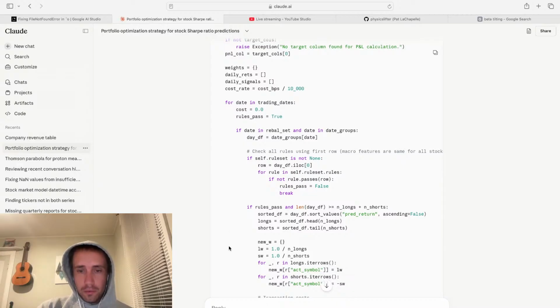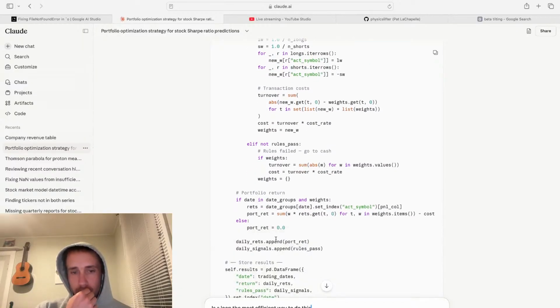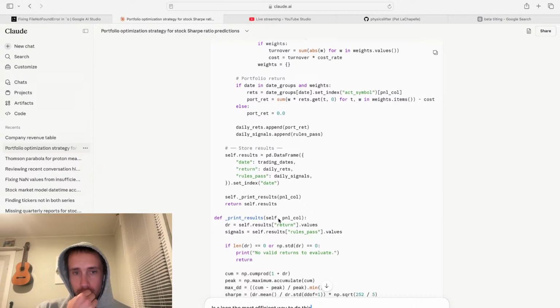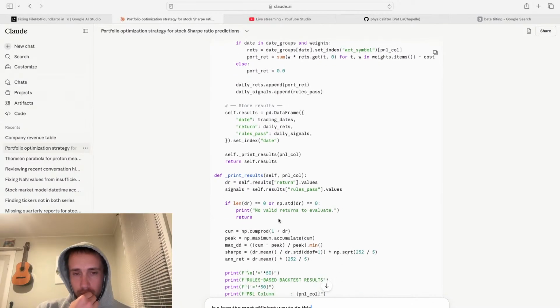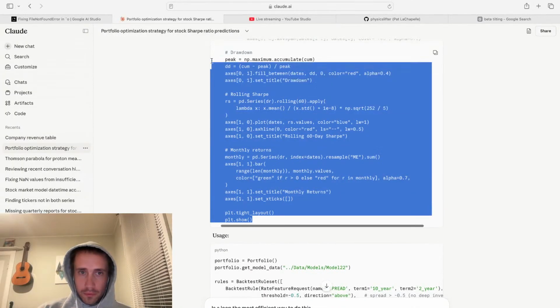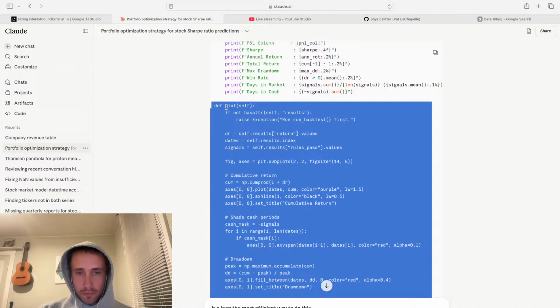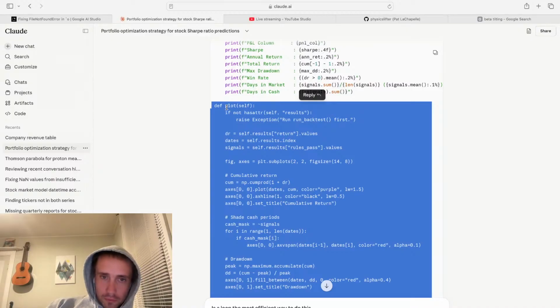Oh, so it does do a loop. I guess it's only looping through the dates. But I need to think about that more.